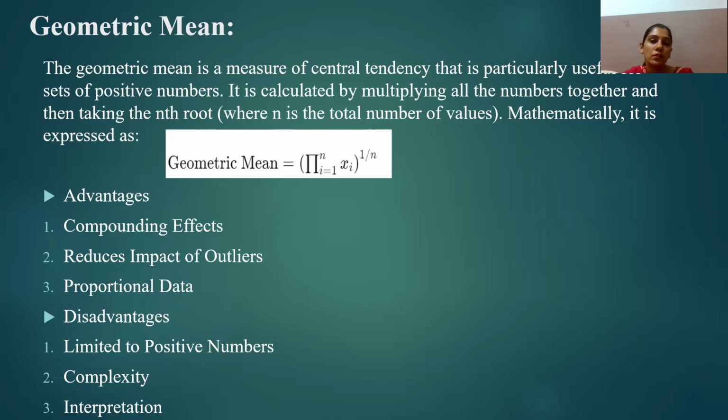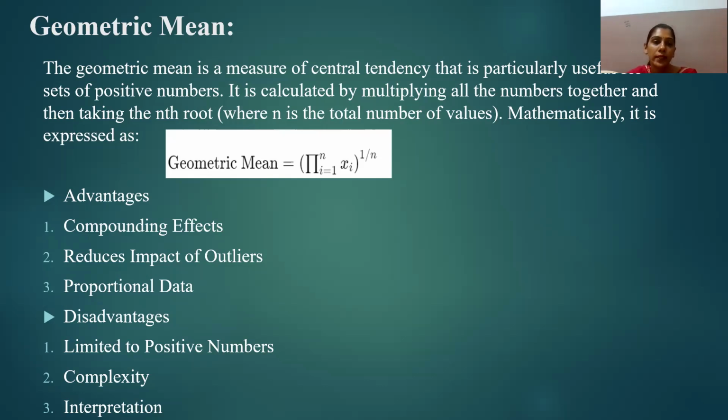Consumer price index is denoted by CPI. These indices often involve ratios and percentages, which benefit from the properties of the geometric mean. So this is how it helps in index numbers.